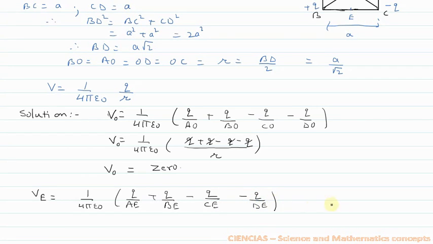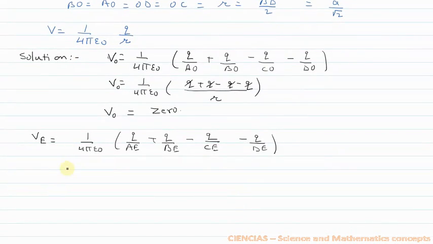From the figure, we can see that AE is equal to DE and BE is equal to CE.